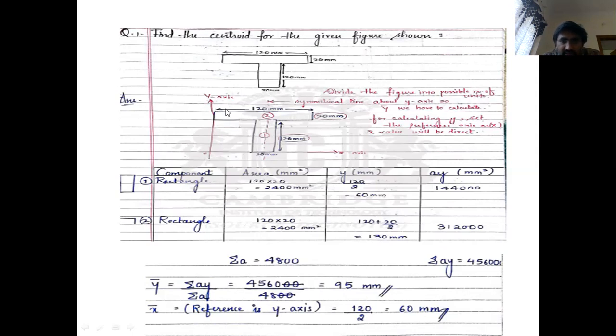The total distance is 120, so the distance of this symmetrical axis will be 120 divided by 2, that is 60 millimeter. Here it is written X bar with reference to the Y axis. The symmetrical axis is located here, and the total distance from this end to this end is 120 divided by 2, so that will be 60 millimeter. I hope it is clear.